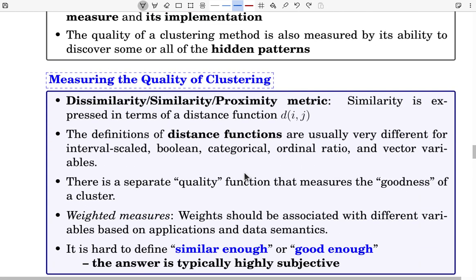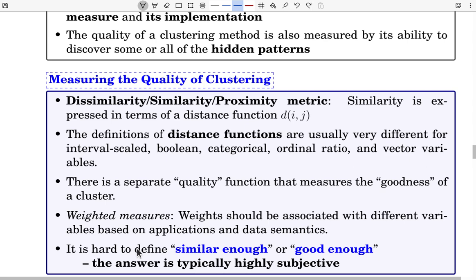Now, measuring the quality of clustering is not easy. One of the reasons is that in many cases we don't understand the data set.